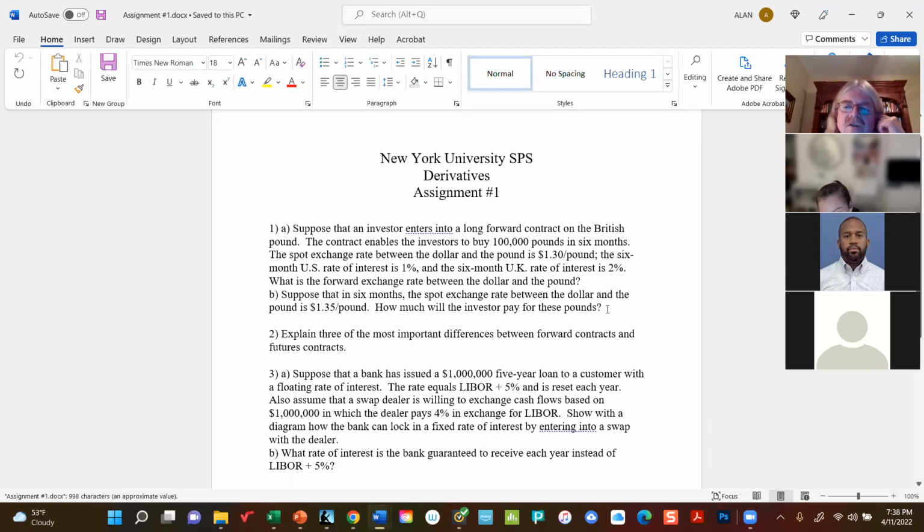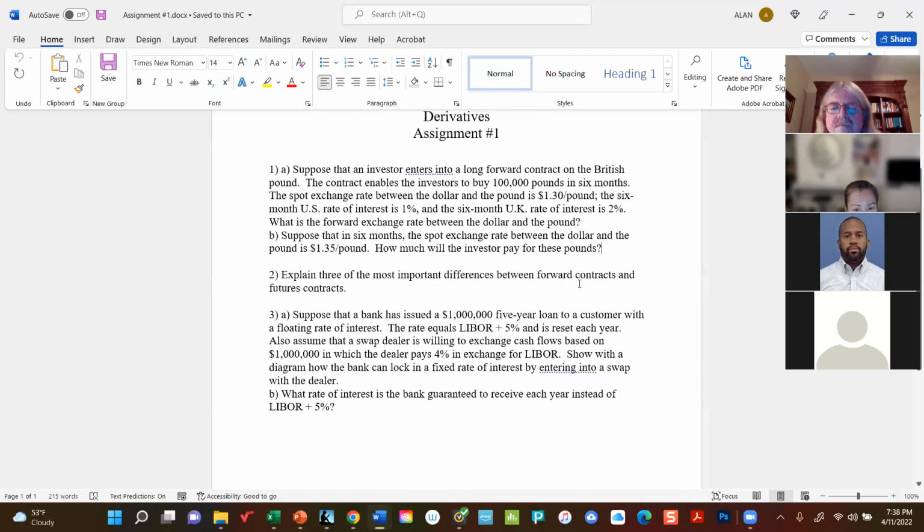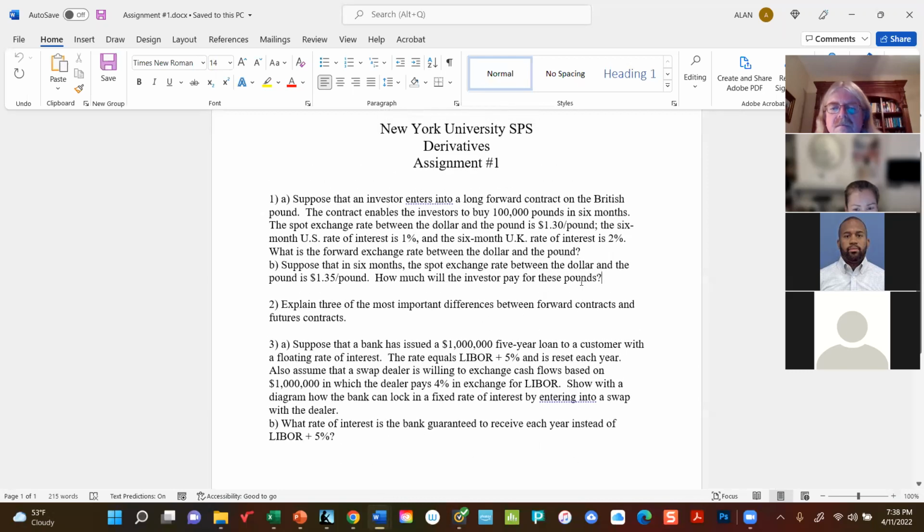Oh, you're just calculating the forward price. So in question 1A, it says the spot exchange rate between the dollar and the pound is 1.30 pounds. The 6-month US rate of interest is 1% and the 6-month UK rate of interest is 2%. So which one are we using, the 1%? You need them both.